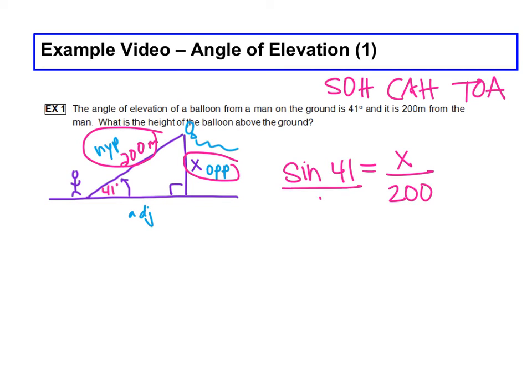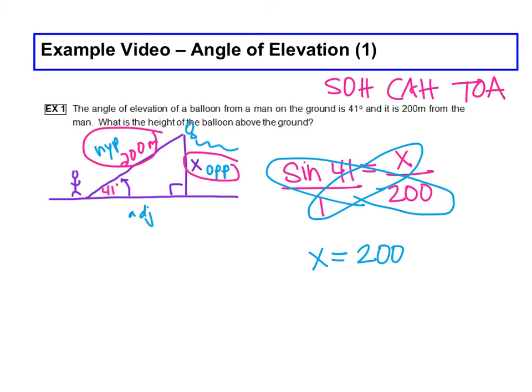So remember, we were making these into a fraction just so it gives us a proportion to cross multiply. Here's x times 1, which is x, is equal to 200. Always put the number out in front of the sine, cosine, or tangent: 200 times the sine of angle 41.